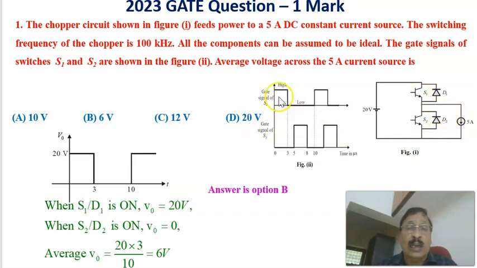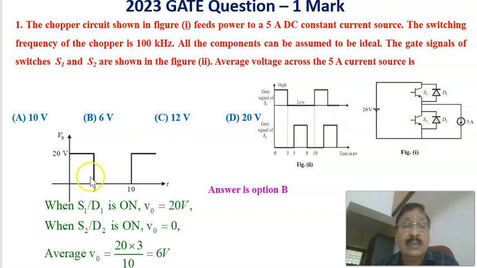Now coming to this one, this is the S1 switch here, and from 0 to 3, S1 is turned on. S1 is turned on, so this voltage is the same as the input voltage, 20 volts. For 0 to 3, the voltage is 20 volts. And from 3 onwards, we'll be getting 0 voltage.